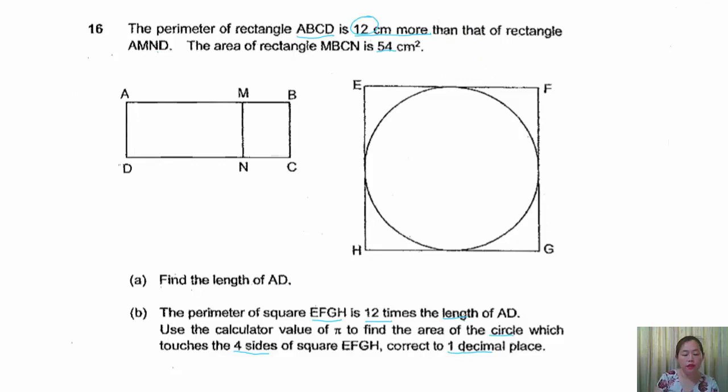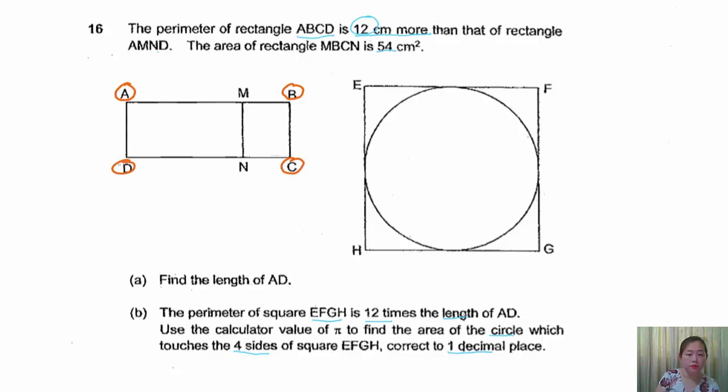To find the length of AD, it is very important to find the exact position of the rectangles mentioned. If you do not do that, you will make a lot of mistakes. So let's be very careful now. For here, ABCD is actually from here to here to here and then to here.